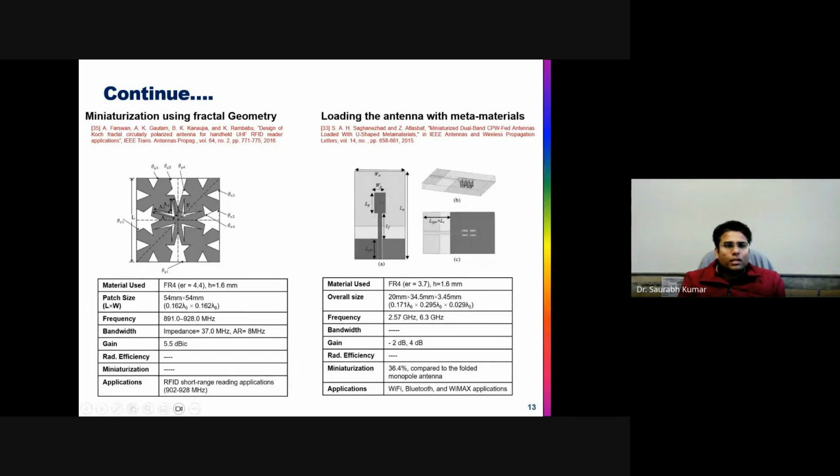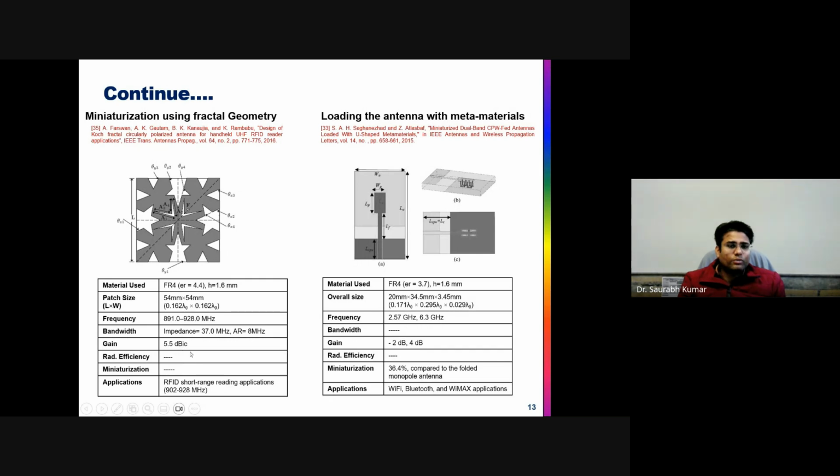This is another fractalized geometry based antenna where some fractalization is used and some slotting is also used so that the current will take a longer path here, and hence the miniaturization is achieved. The gain is 5.5 dB. It is a circularly polarized antenna, and that is why they are giving it in dBIC.